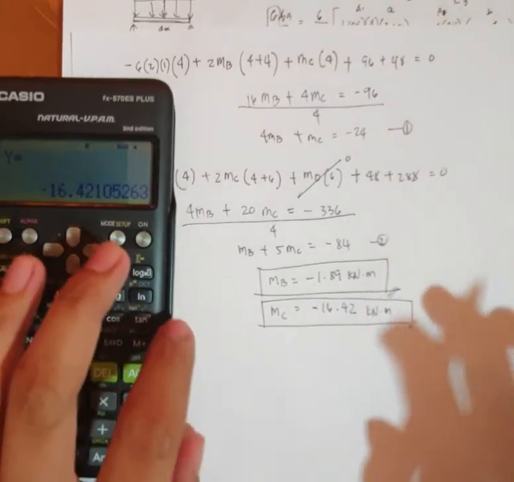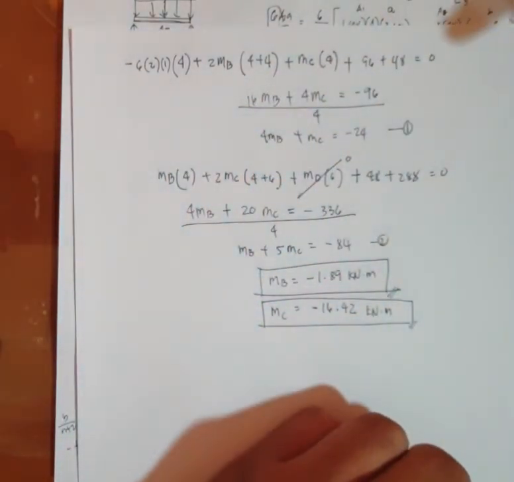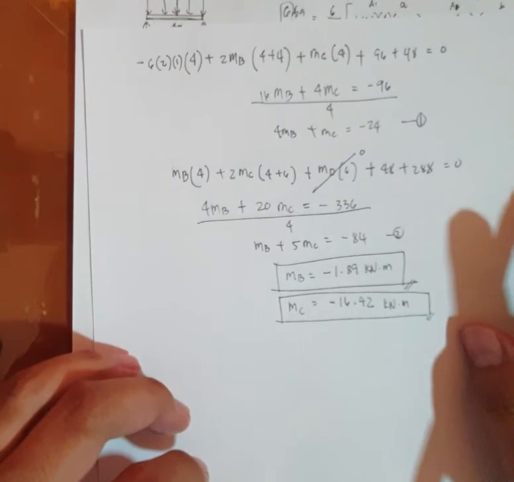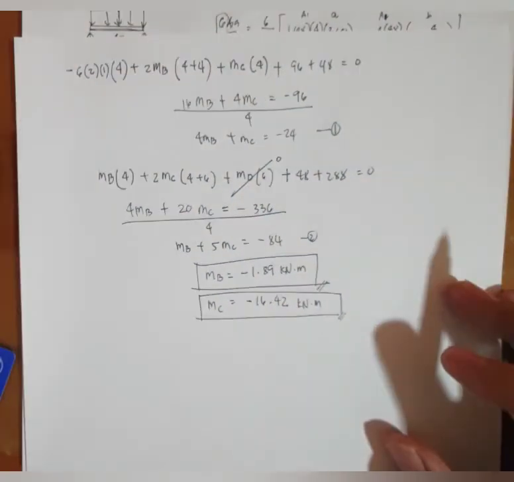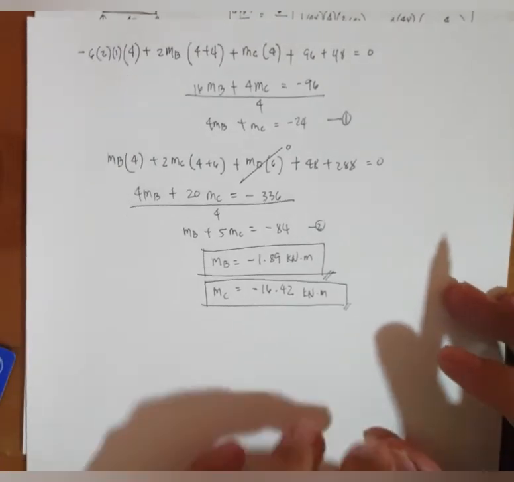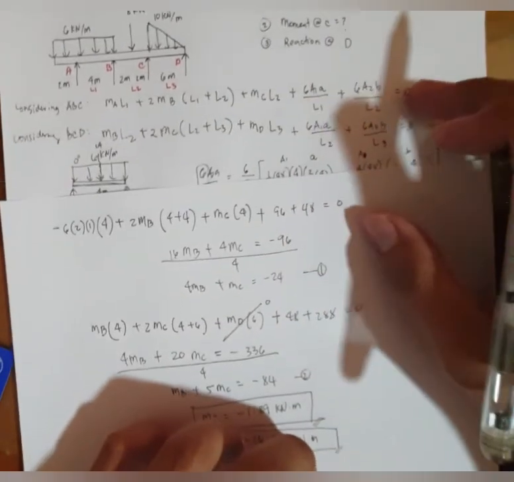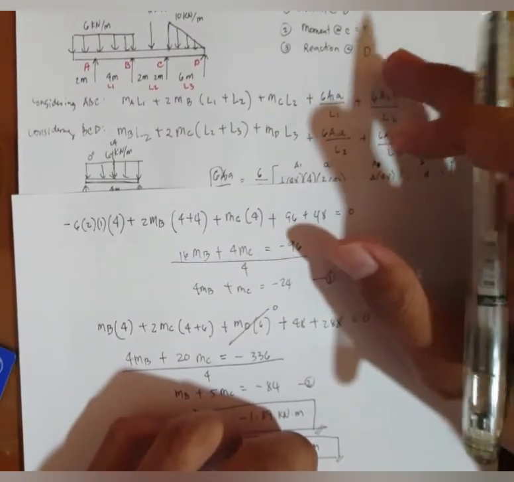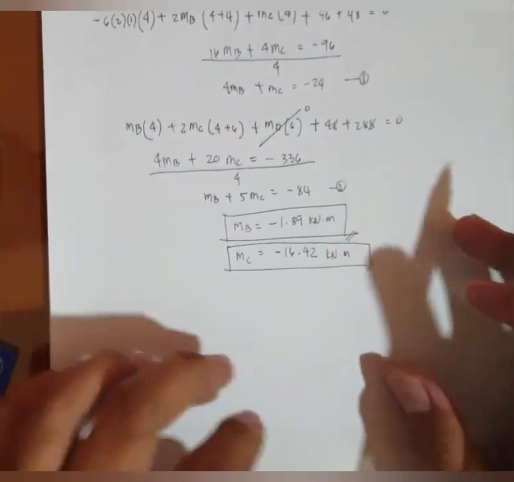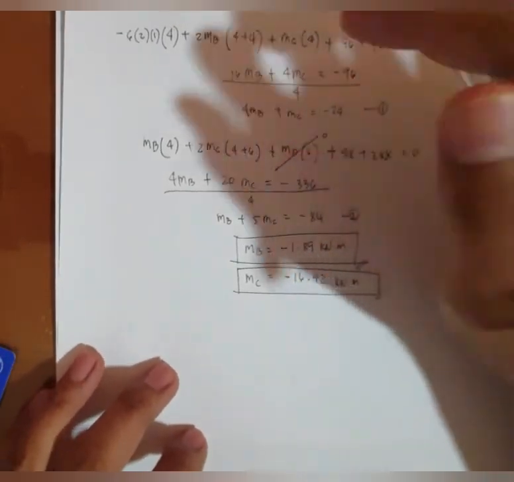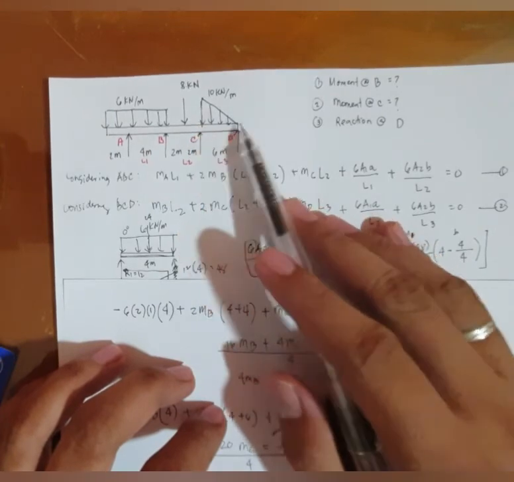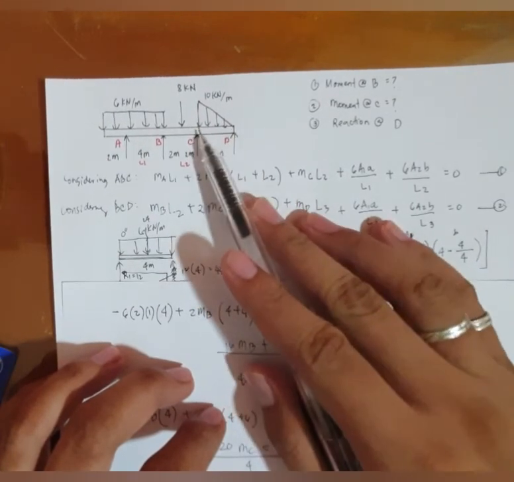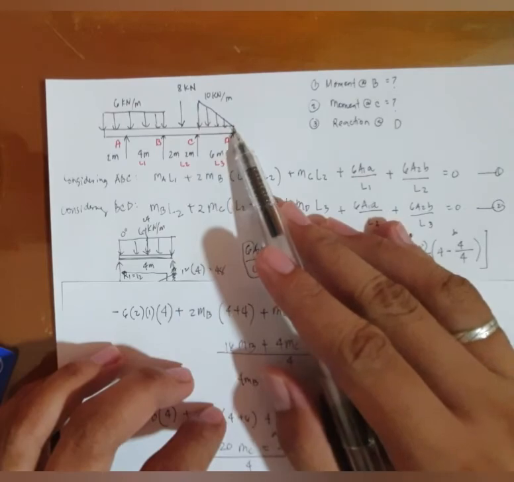Okay. So computing the reaction at D. Okay, so lastly, you have to compute for the reaction at D. So how do we compute reaction at D? Mag-cut ka diri. Considering lang kang kaninga portion.